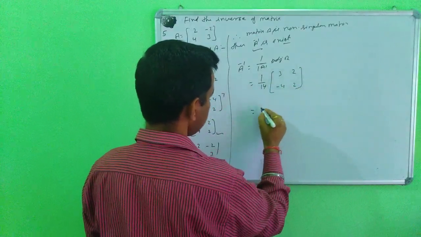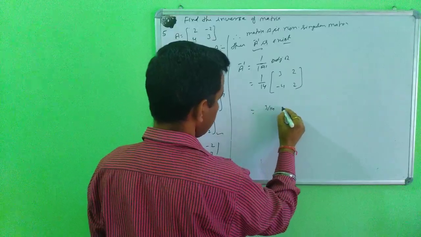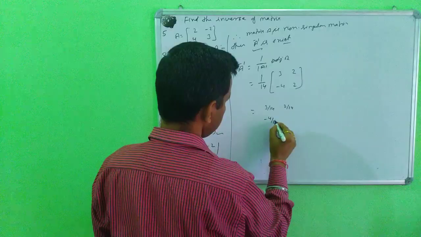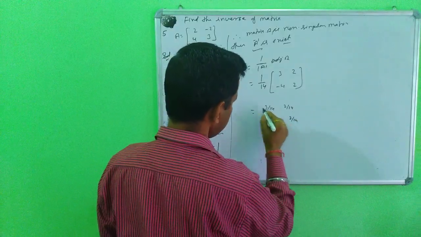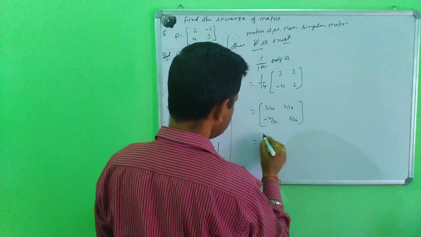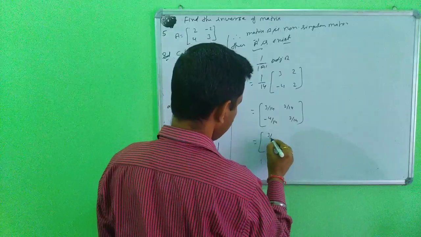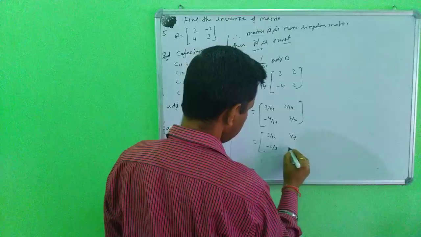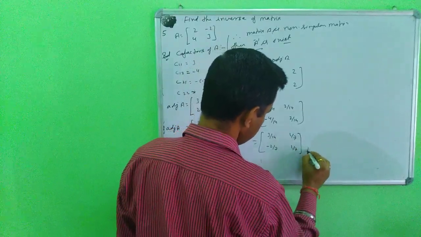Then multiply here 3 upon 14 and 2 upon 14, minus 4 upon 14 and 2 upon 14. So then the final answer you write here: 3 upon 14, 1 upon 7, minus 2 upon 7, 1 upon 7. This is your answer.